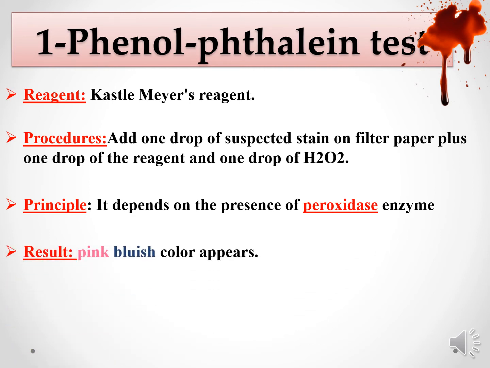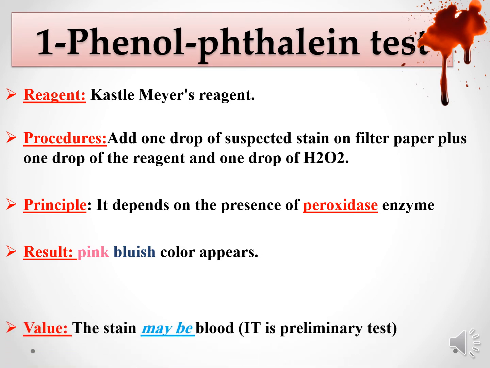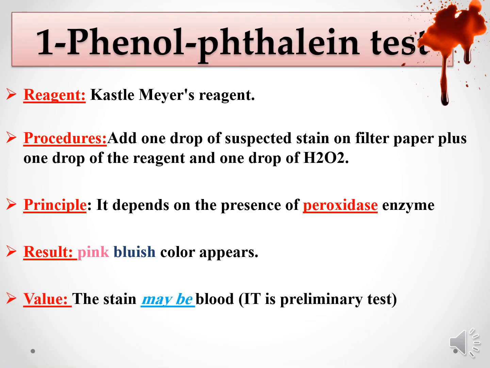Result: pink bluish color appears. Value: it is a preliminary test, so the stain may be blood. It is important to say may be blood, not it is blood.